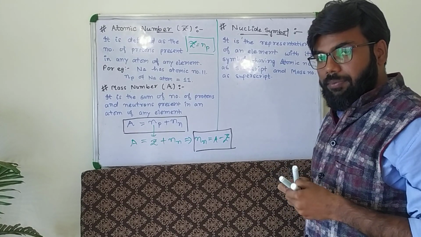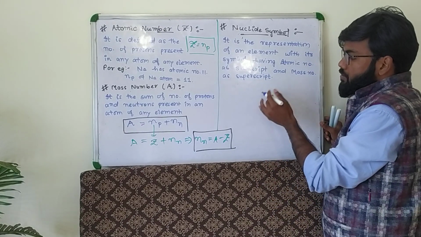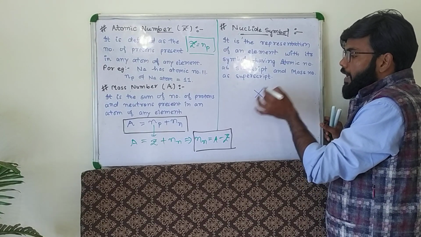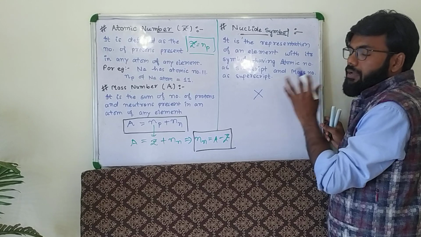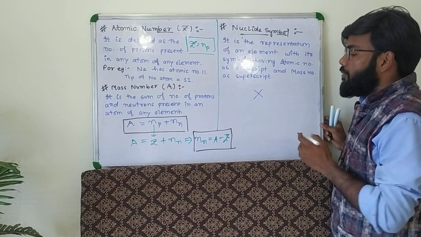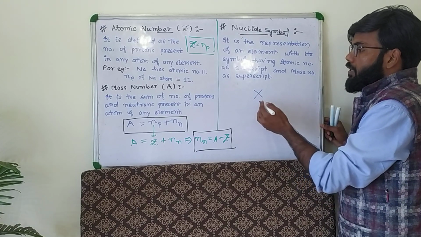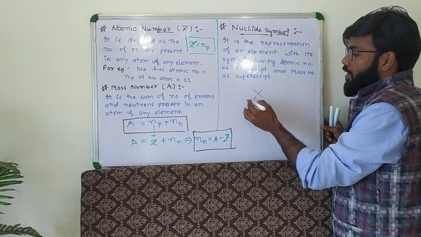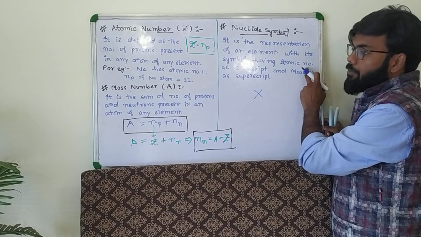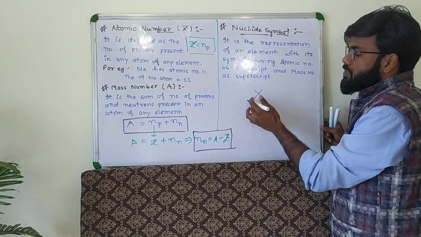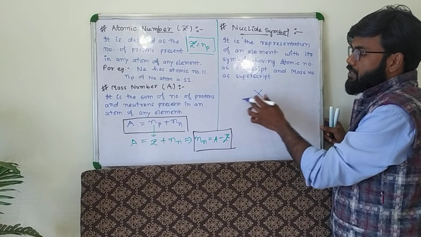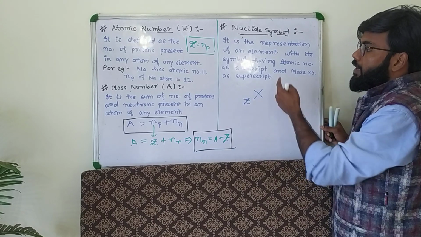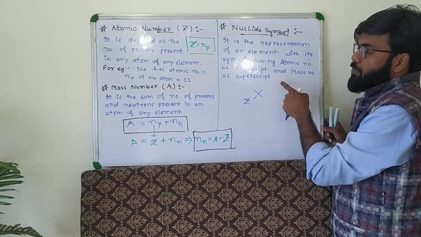So how will it be represented? I told you, first of all you have to write the symbol. Suppose X is the general symbol for any element, and we know that atomic number is represented as Z, and we have to write atomic number as subscript. Subscript means down. Either you write it down this side or this side. So I have to write here Z, and mass number as superscript.